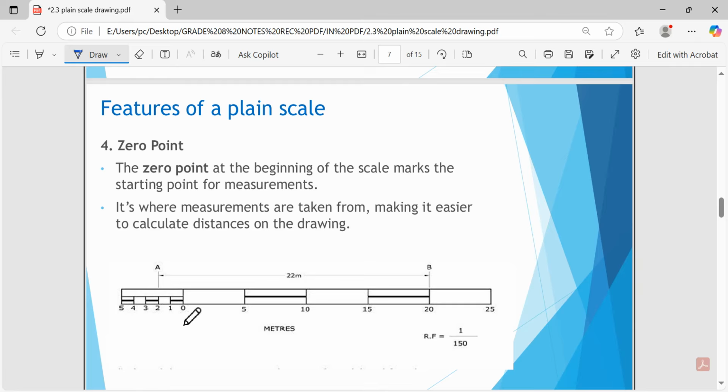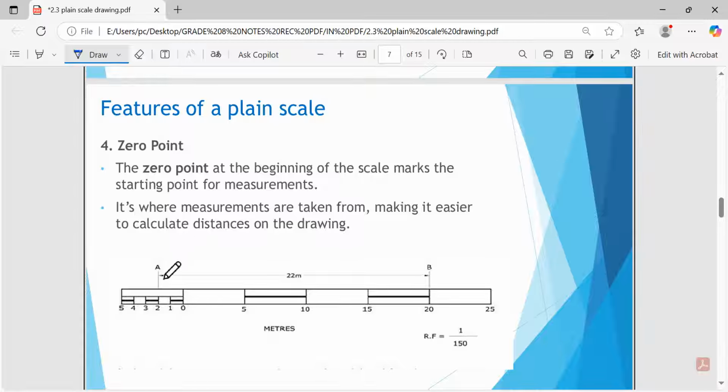For example, this is in meters. Again, it's not a must that it has 2 different units, but if it has, notice that the 0 point is somewhere where the bigger units are going to the right hand side, and then the smaller units are heading to this other side. And let me say why this 0 point is located here.